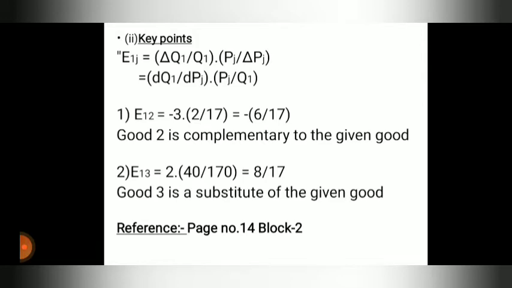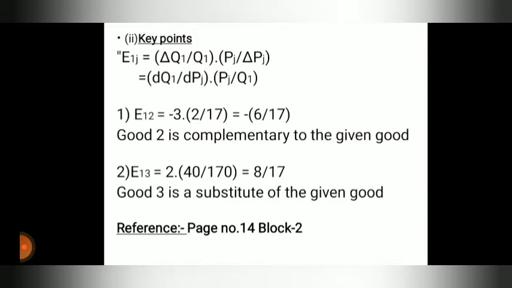Here pj means the price of the good with respect to which we are computing elasticity. For example, E12, the elasticity of good 1 with respect to price of good 2, will be equal to minus 6 by 17. That is, good 2 is complementary to the given good.